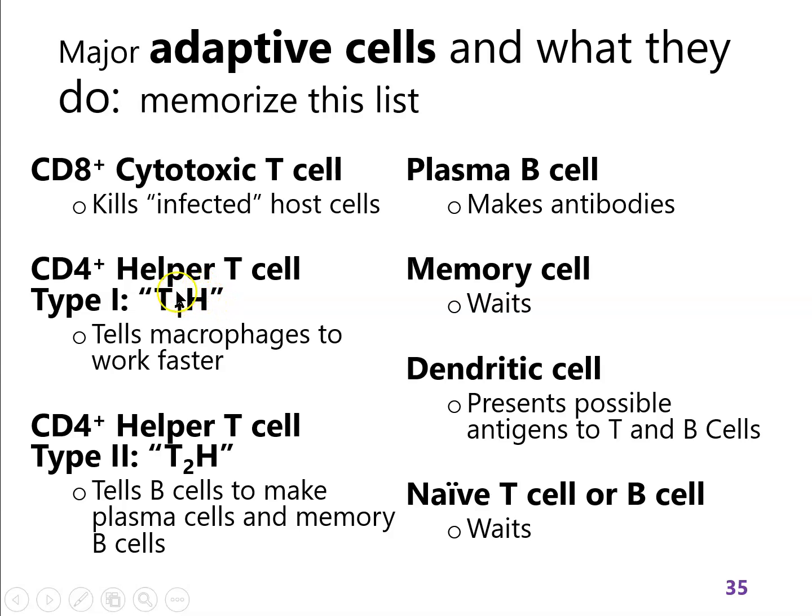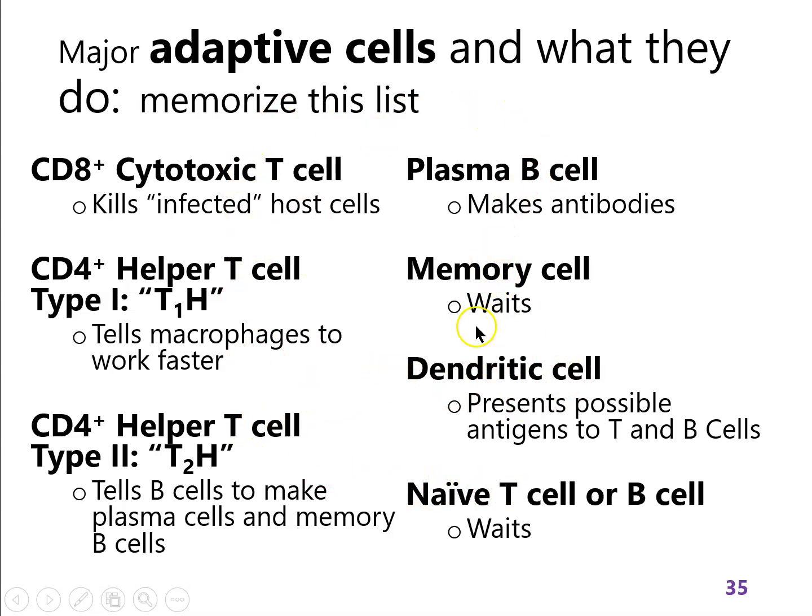The better way is capital T lowercase h1. That's how they do it in the literature. This is how they did it in some textbooks I was using 10 years ago. So, good enough. We will get to all of these.